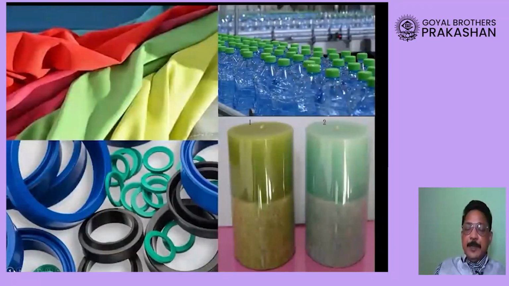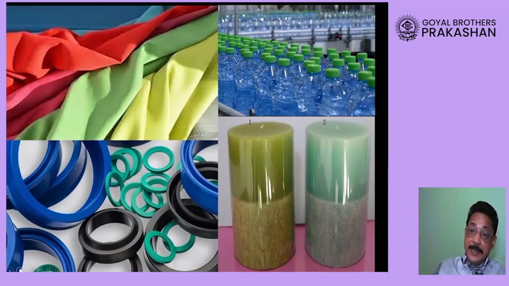I said petroleum is used for making a variety of articles. We can use it for making artificial fiber, which can be used for making clothes. Synthetic rubber can be made using this petroleum, paraffin wax, as well as plastic. So it has multiple uses, many types of uses.